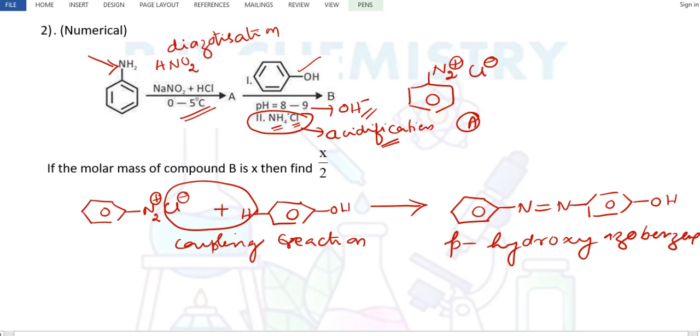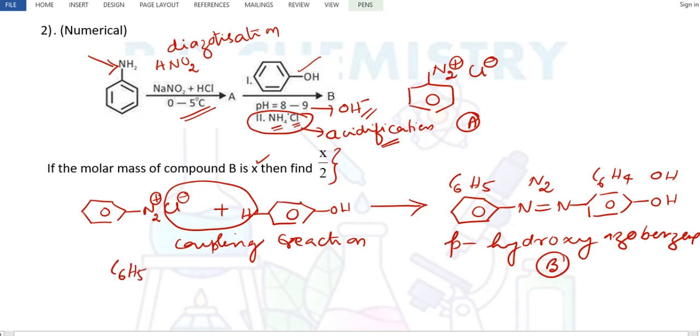Question is, if the molar mass of the compound, this is compound B, is X, then find out X divided by 2. This part is C6H5, correct? This is N2 altogether, and this is C6H4, then again an OH group is attached.